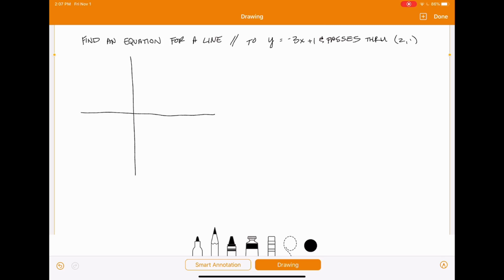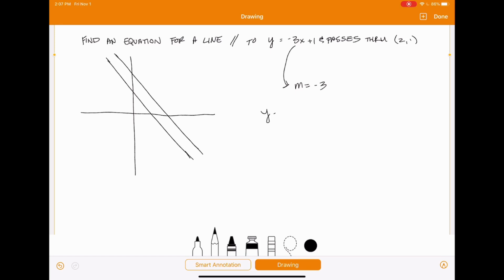if we draw a couple parallel lines, you can see that their slopes are exactly the same, and it's because they will never intersect. So we can just pull down this slope here. We know that m equals negative 3 for a parallel line, and then we can use our point slope form.